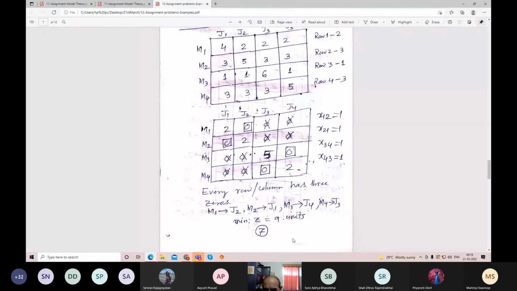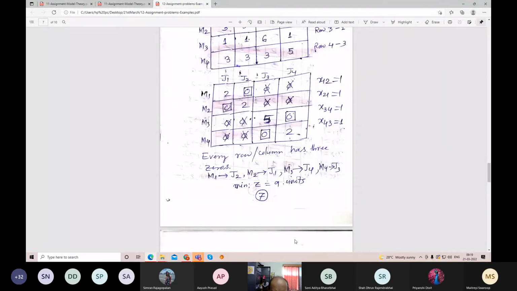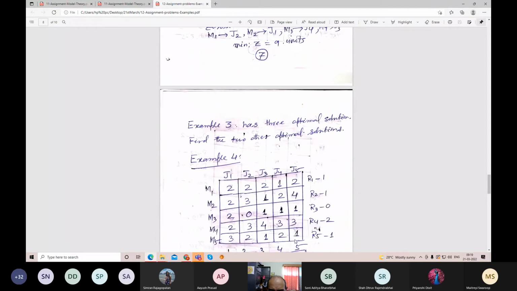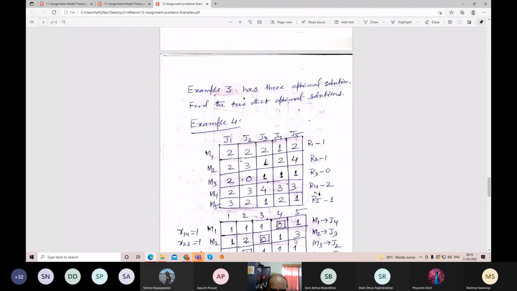The minimum cost is 9 units. This example 3 has 3 optimal solutions, and we have only stated 2 of them. You can find the other one in a similar manner.